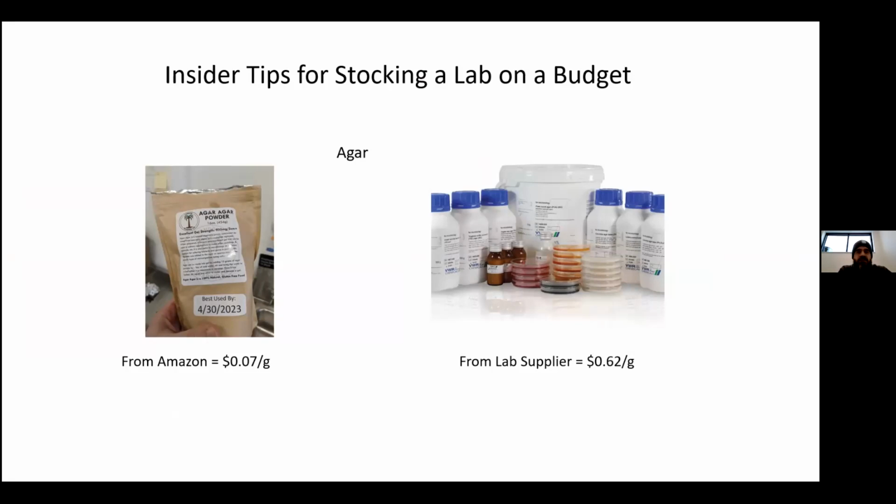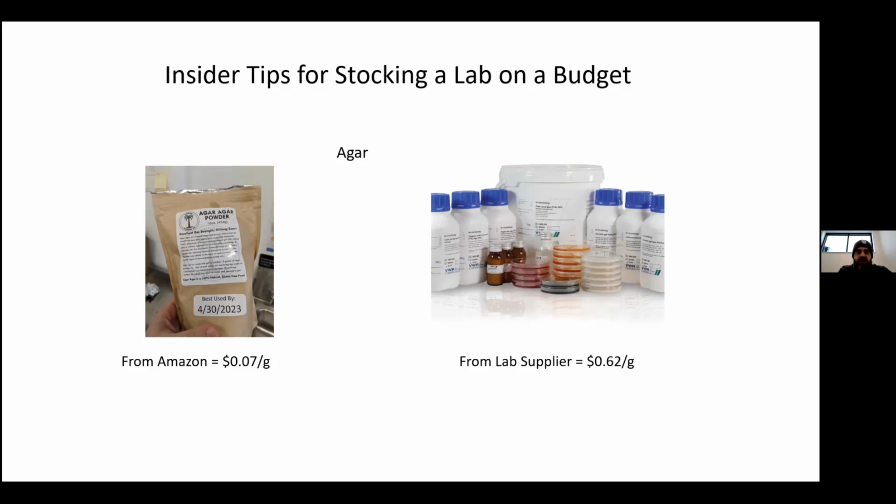Some strange people eat this stuff. It's actually a food product. So that's why you can, again, find it on Amazon for down to 7 cents a gram, potentially even cheaper if you get greater volumes of it. But again, from a lab supplier, it's close to 10 times more than that.